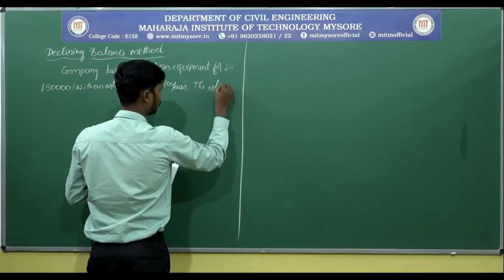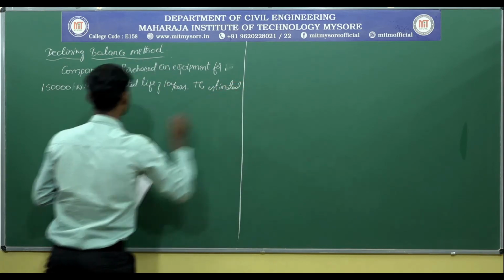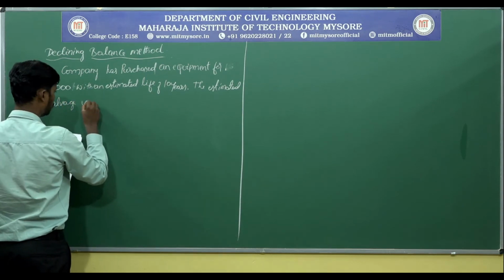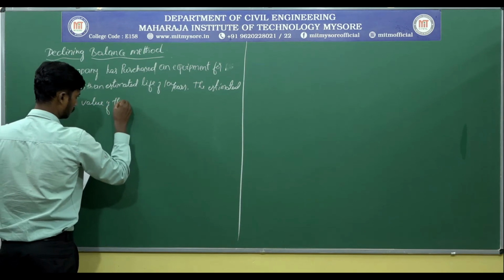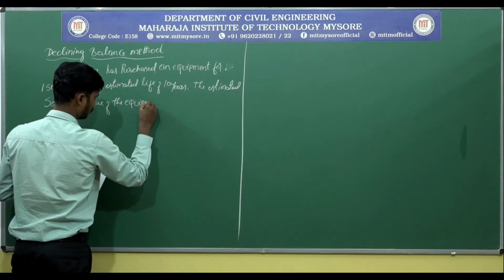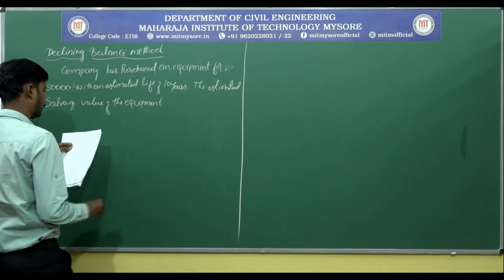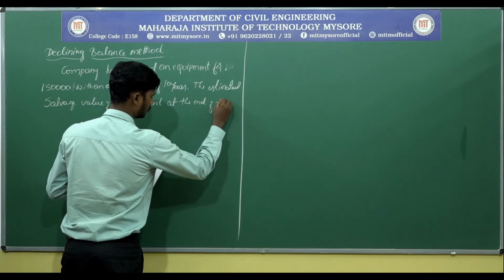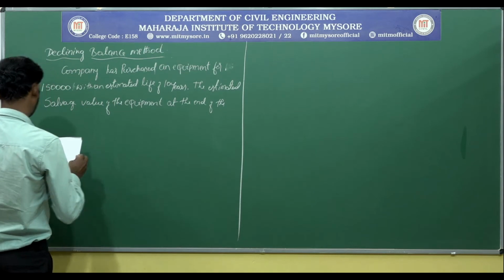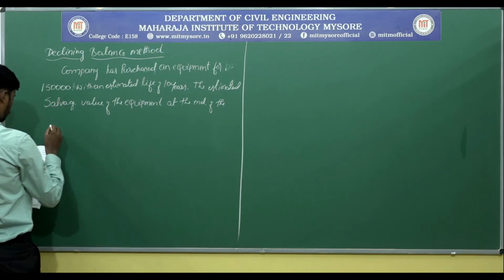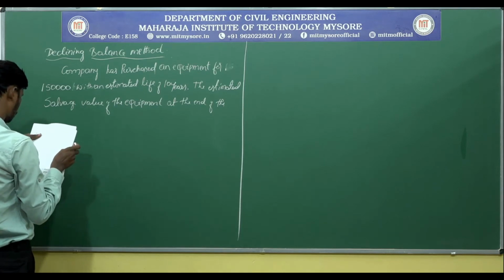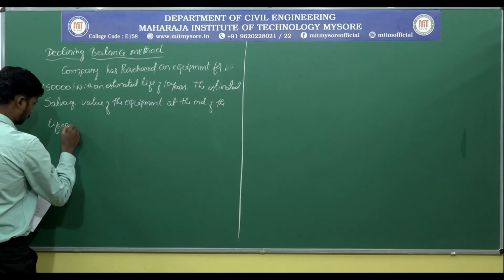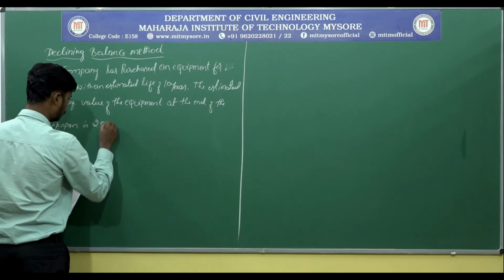The estimated salvage value of the equipment at the end of the lifespan is 25,000.